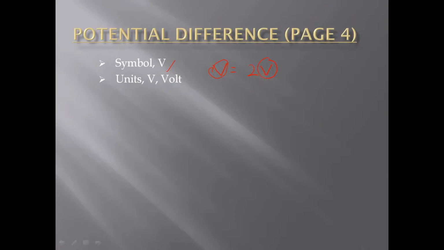Okay? Next, the definition is referring to the energy needed to transfer one coulomb of charge. What do I mean by that? As I told you before, charges, or electrons, are calculated by the coulomb. Do remember, one coulomb contains how many electrons? A coulomb means a group of electrons. How many are there?